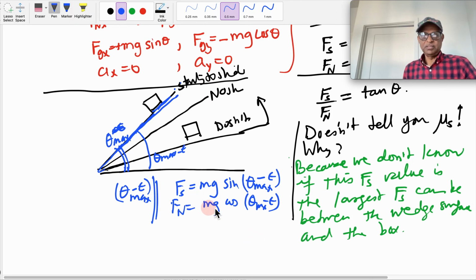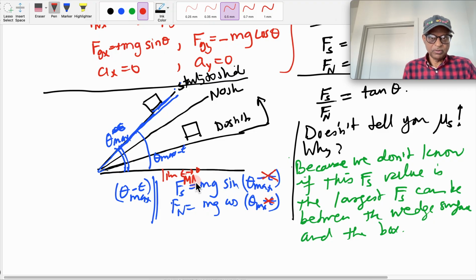When we take the limit as epsilon goes to 0, this goes away, and this value we call the max. We don't call this min, it is the max.